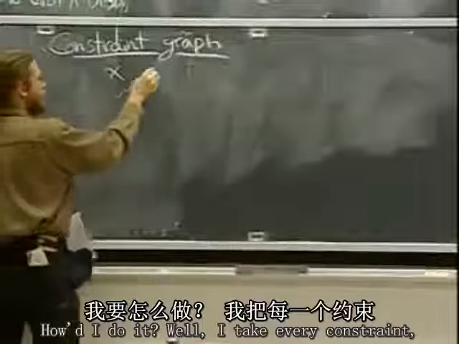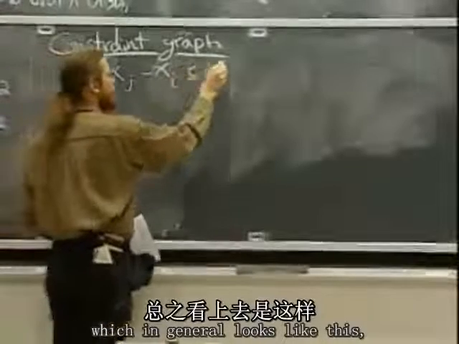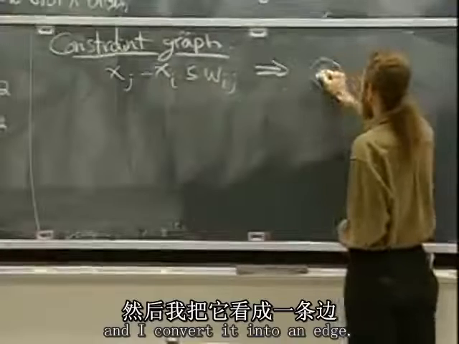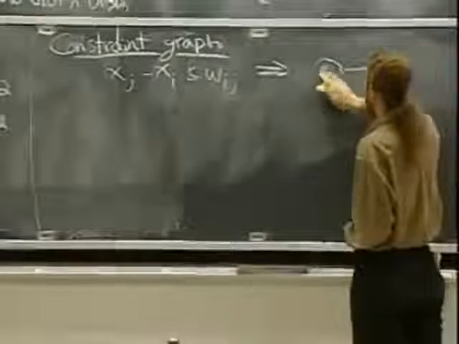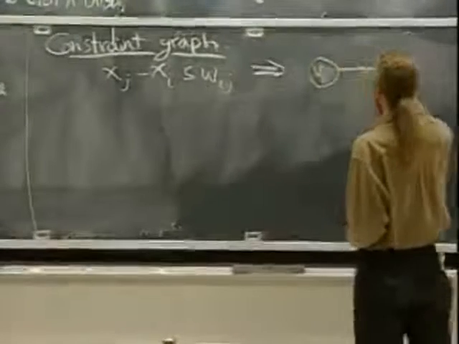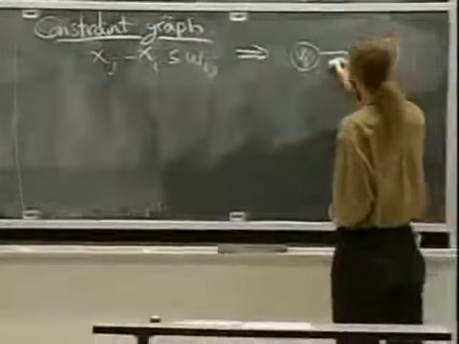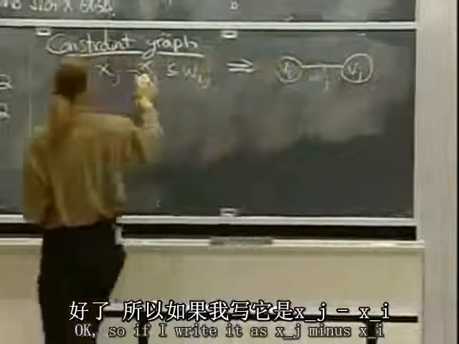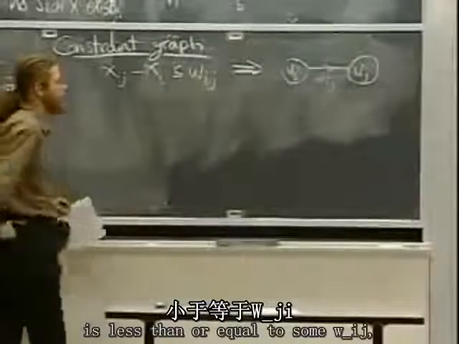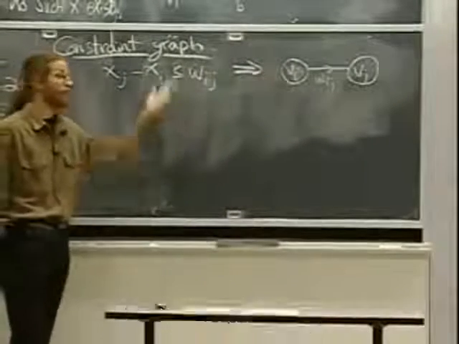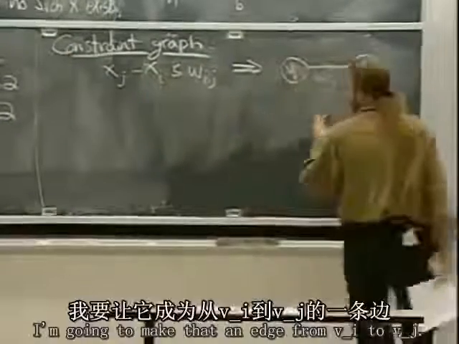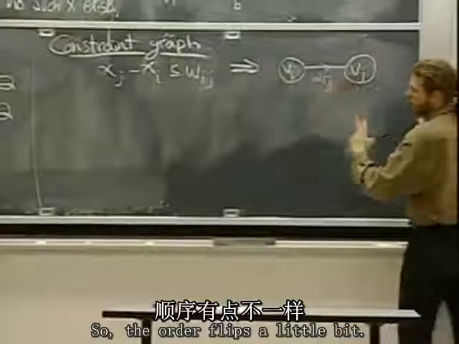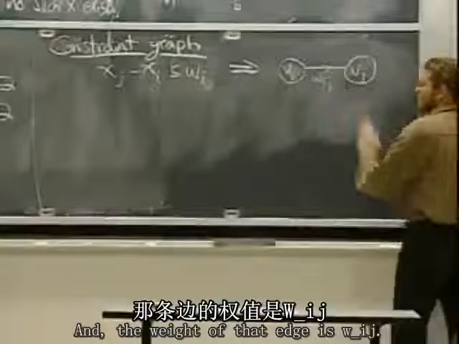Well, I take every constraint, which in general looks like this, and I convert it into an edge. Okay, so if I write it as xj minus xi less than or equal to some wij, w seems suggestive of weights. That's exactly why I called it w. I'm going to make that an edge from vi to vj, so the order flips a little bit. And the weight of that edge is wij.